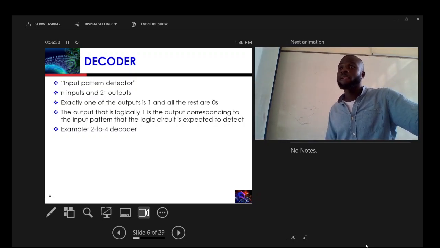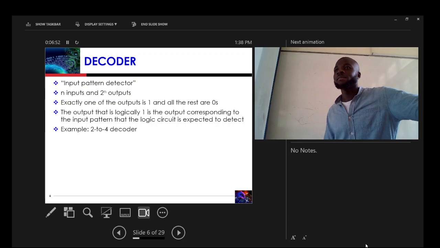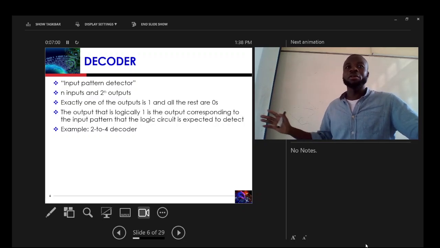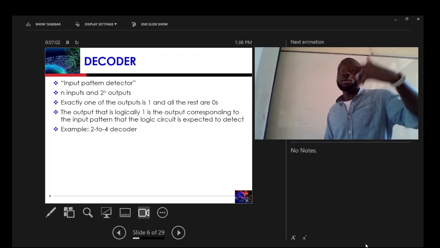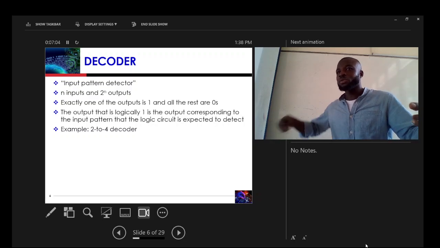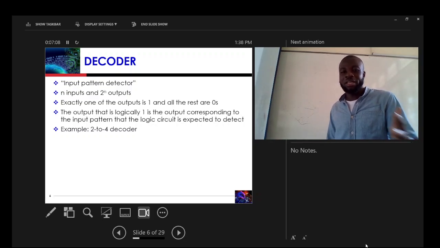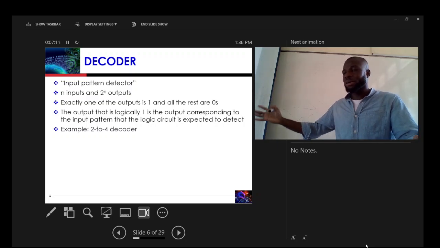So, here in digital systems, all we are looking at is, if I give it an input, what happens to the output? So always think in terms like that. If I give an input, what happens to the output?